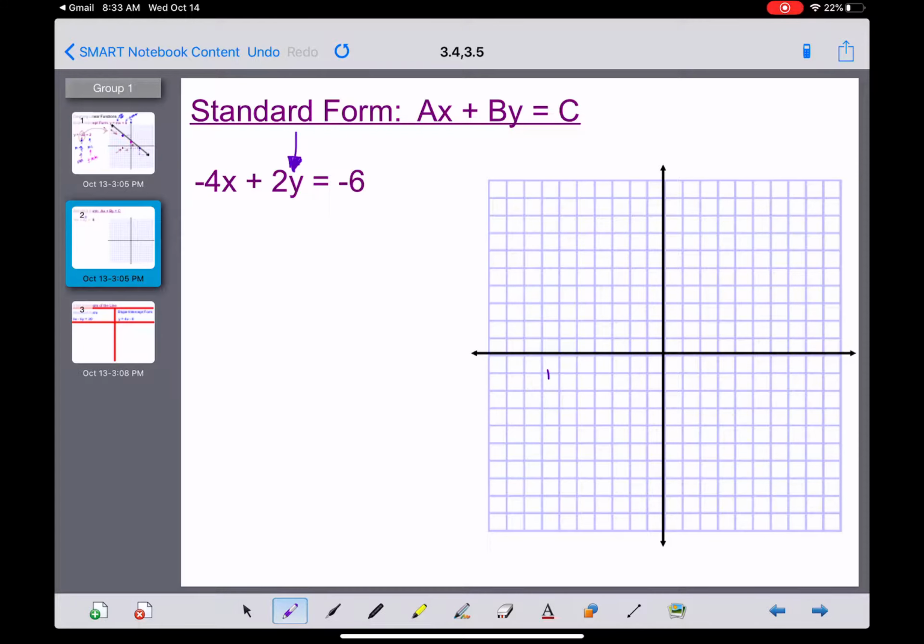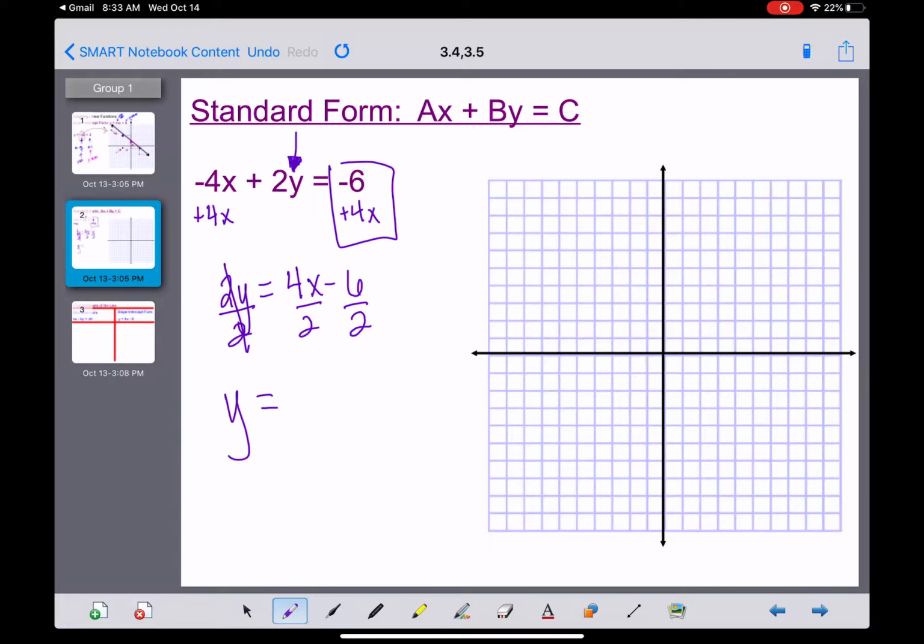My first step is to move the -4x over by adding 4x to both sides. So I have 2y is equal to 4x minus 6. I cannot combine these together. They are not like terms. And then I'm going to divide every term by 2, so y is completely isolated. So y is equal to 2x minus 3.